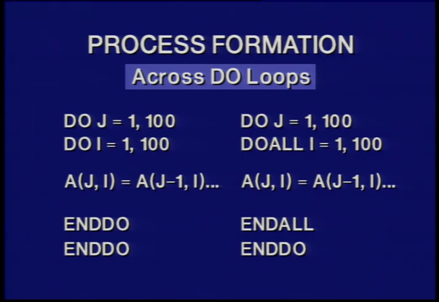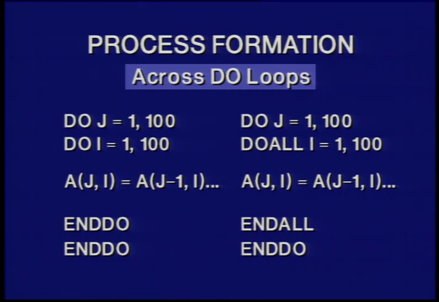Now, why is that? Even though one is referencing A of j minus 1, I on the right-hand side of the equal sign, on the left-hand side, A of j, I, there's no dependence between the different iterations of I. There is a dependence, however, on the different iterations of j, because on the right-hand side, I'm referencing something that's been stored into A sub j minus 1 on a previous iteration, A sub j.